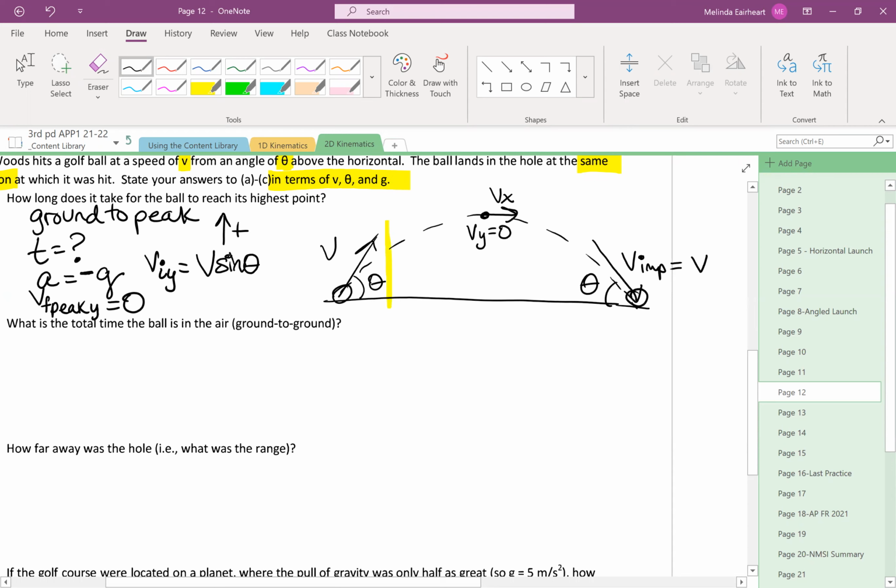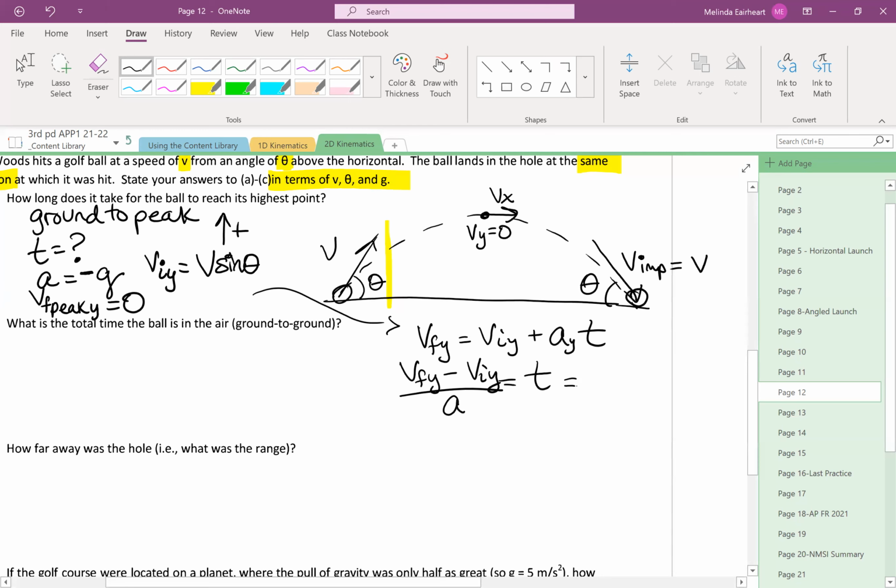So how do we find the time? This is just the time up. Notice I don't know distance, so I'm going to use the first equation. And so V final Y equals V initial Y plus AY times time. To solve it for time, it'd be final minus initial velocity over acceleration.